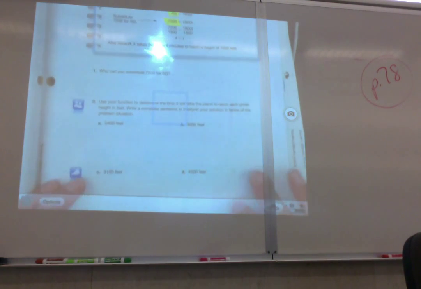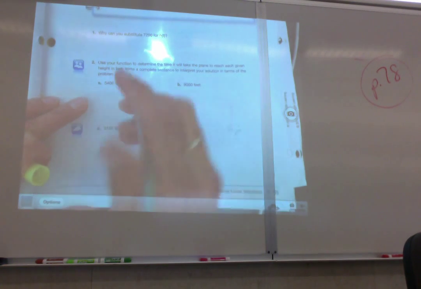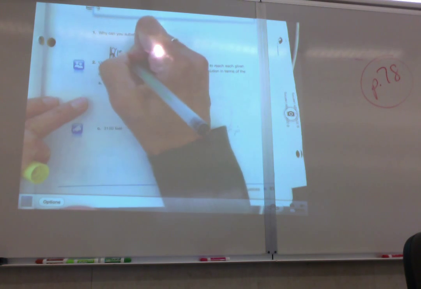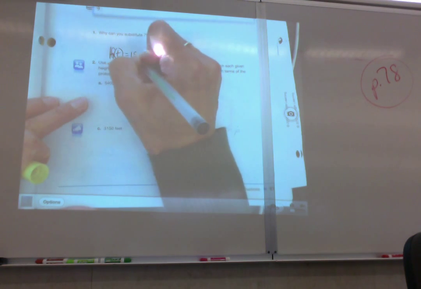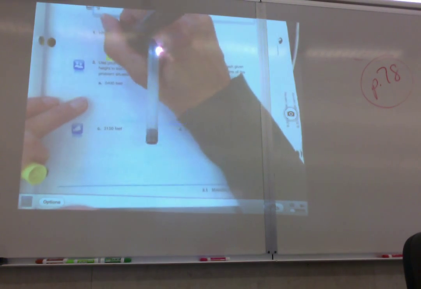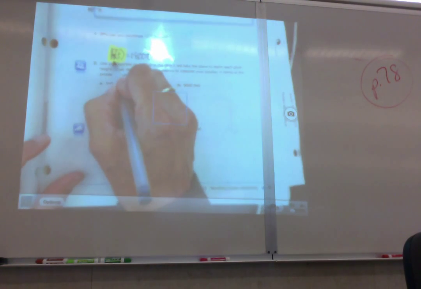So if I take a look down here at number 2, again my function is h of t. This time we have information that's going to replace that whole thing. This represents height.